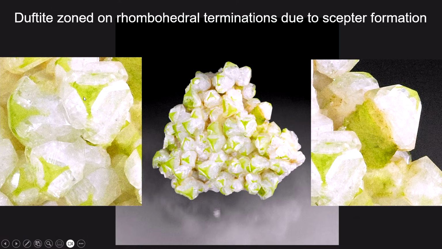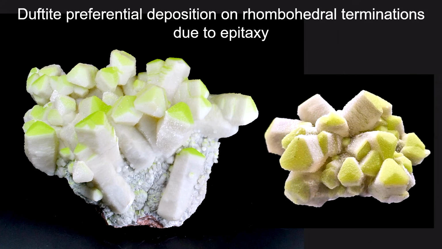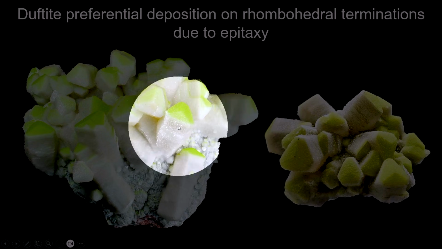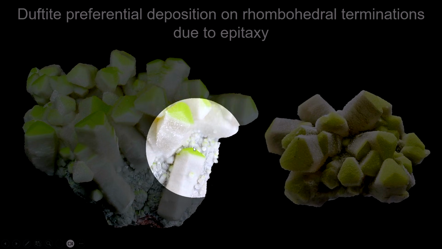Here we see a different type of deposition of duftite on calcite, and here it really appears that the duftite is deposited only on the terminations of these prismatic crystals.